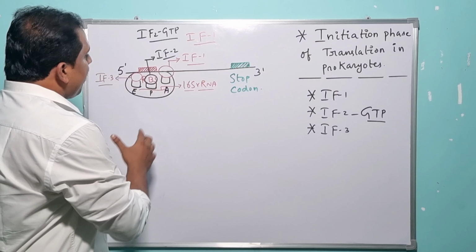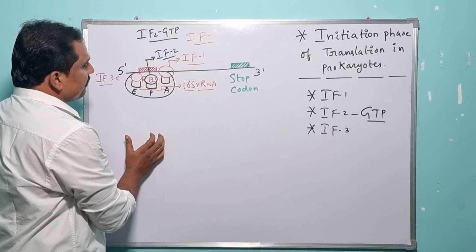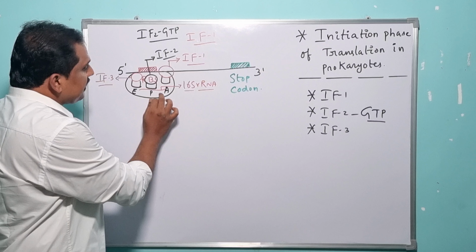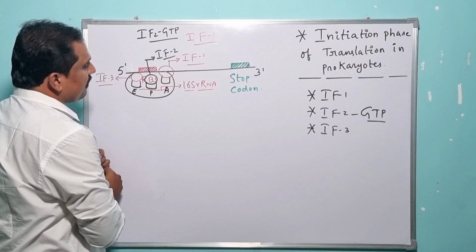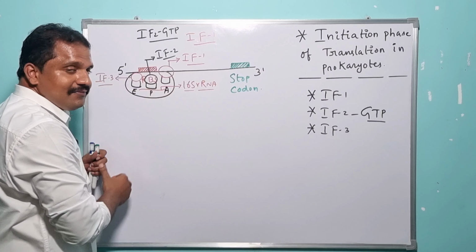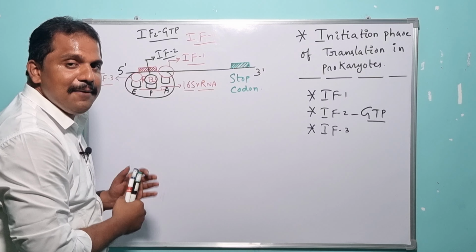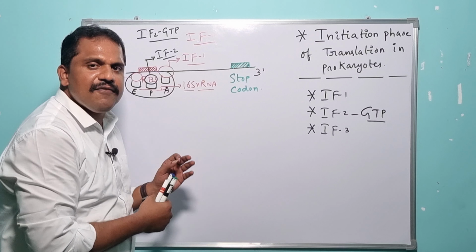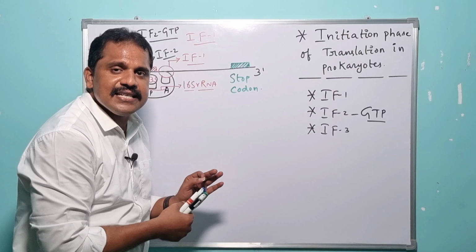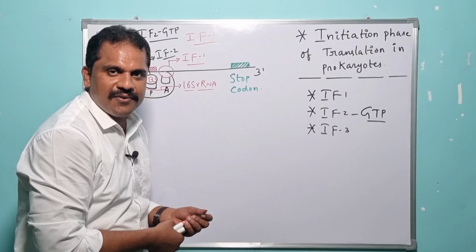So once all these three initiation factors have got successfully recruited to those three specialized sites of the small subunit of the prokaryotic ribosome, now the small subunit of the ribosome proceeds in the 5' to 3' direction in order to recognize the start codon or the initiation codon.